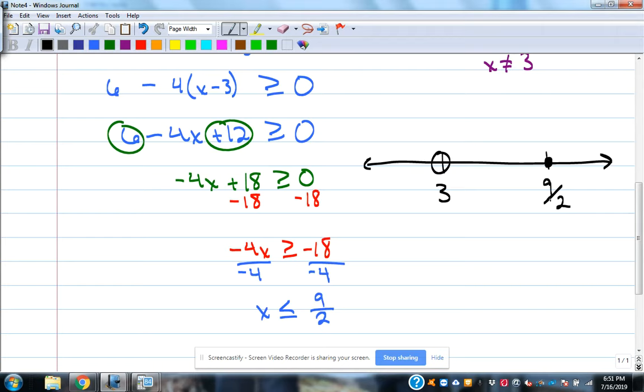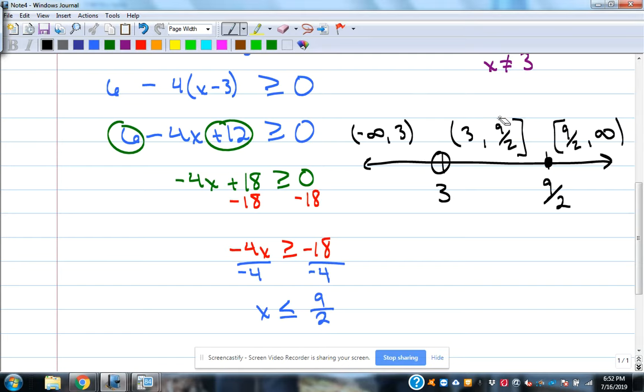Okay. There are 3 sections to test. We got this section here that's from negative infinity up to 3. This is from 3 to 9 over 2 bracket. And this is from 9 over 2 to positive infinity. Those are the 3 areas that we need to test in.